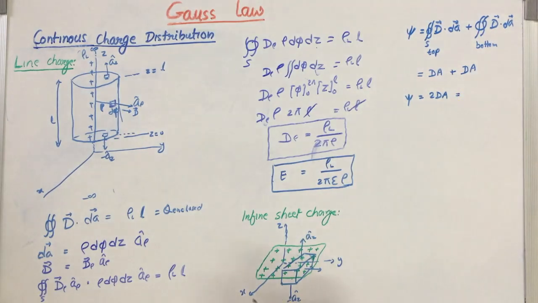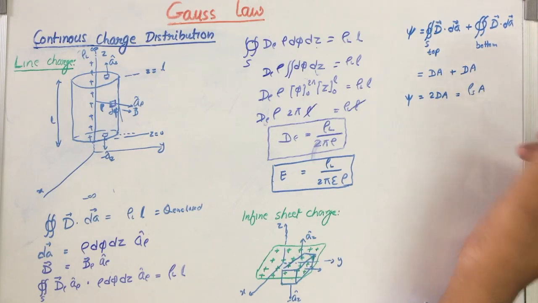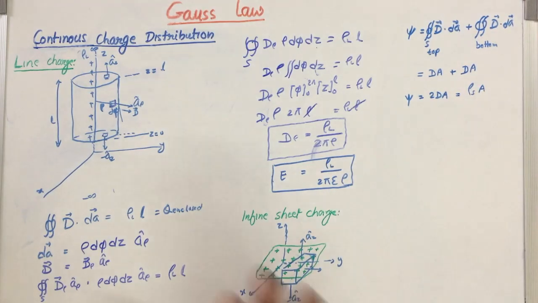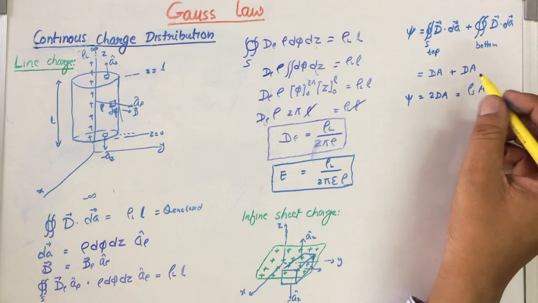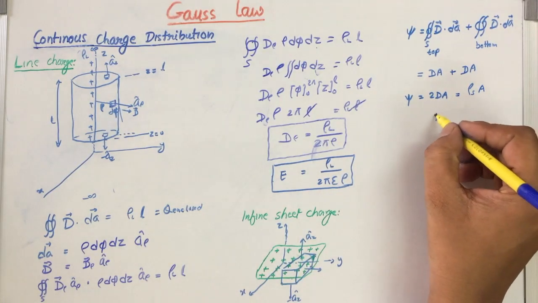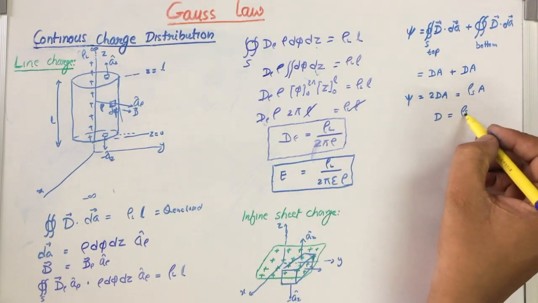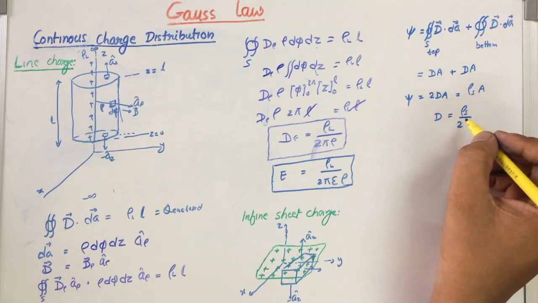And we know that if we can find the total charge enclosed, rho s into A, the total surface area at the top, gives us the total charge enclosed by this cuboid. From here we can say D is equal to rho s by 2, A will be cancelled out.